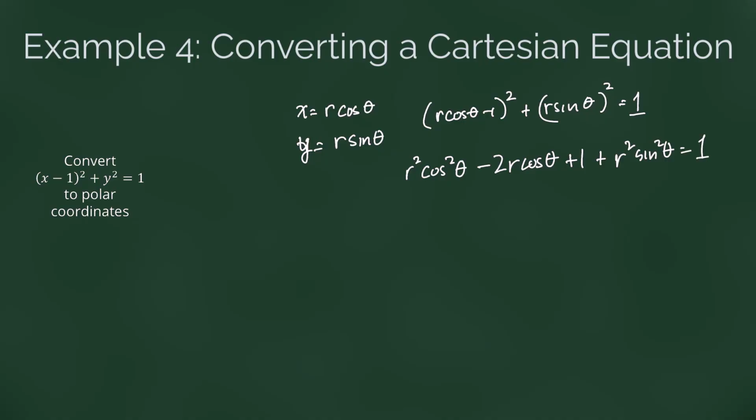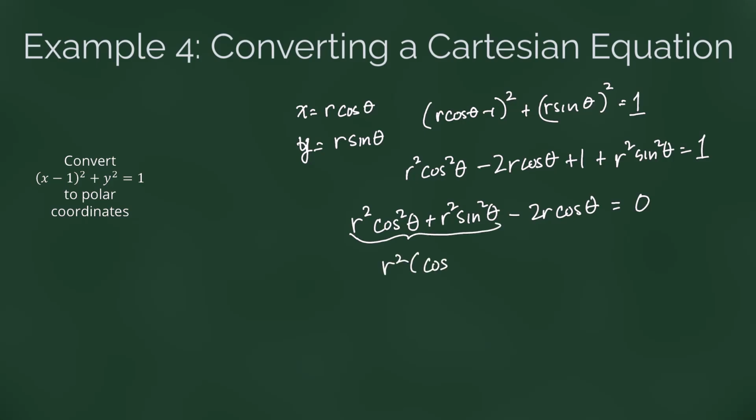We can combine some terms here. We'll put the r squared cosine squared theta and the r squared sine squared theta together. And we can move the 1 to the other side and we get a 0 then. Here we can factor out an r squared and we're left with cosine squared theta plus sine squared theta, which we know is equal to 1.